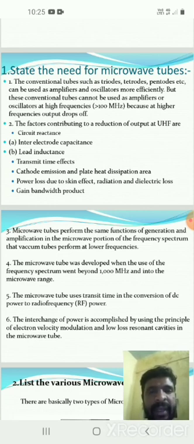But these conventional tubes cannot be used as amplifiers or oscillators at high frequency above 1 GHz or 1000 MHz, because at higher frequencies the output drops off.